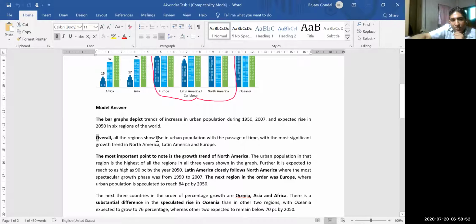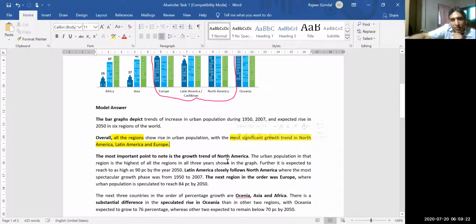Overall, all the regions show, so this is something common, because all the 6 regions show a rise in population, with the most significant growth trend in North America, Latin America, and Europe. So basically you're talking about the first group, the most significant one in these 3 regions.